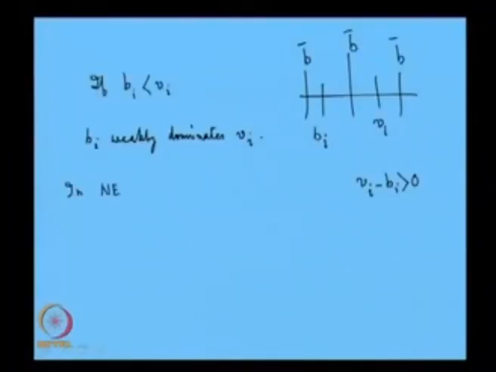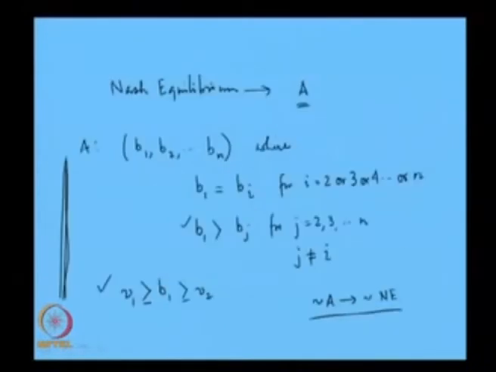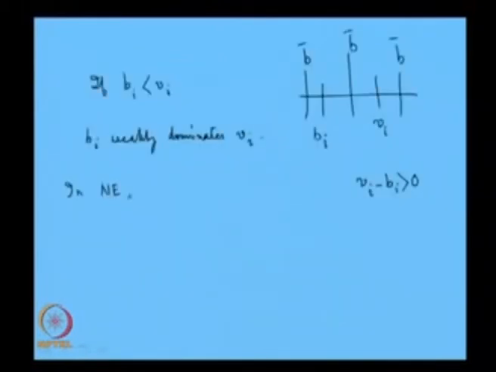It means that in Nash equilibrium which satisfies this characteristic, remember this characteristic, the action of at least one player is weakly dominated.